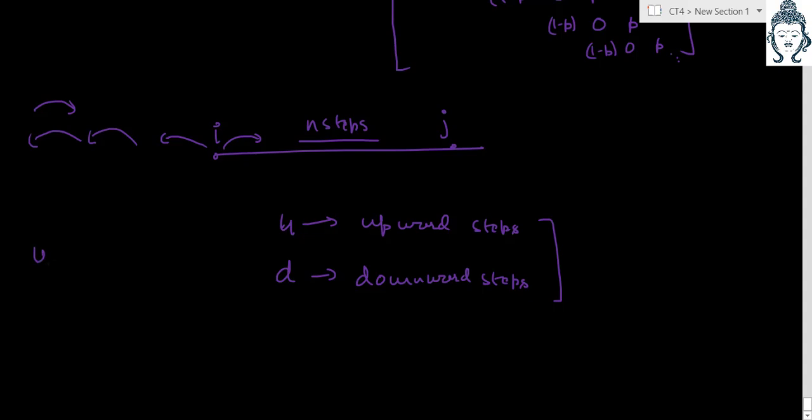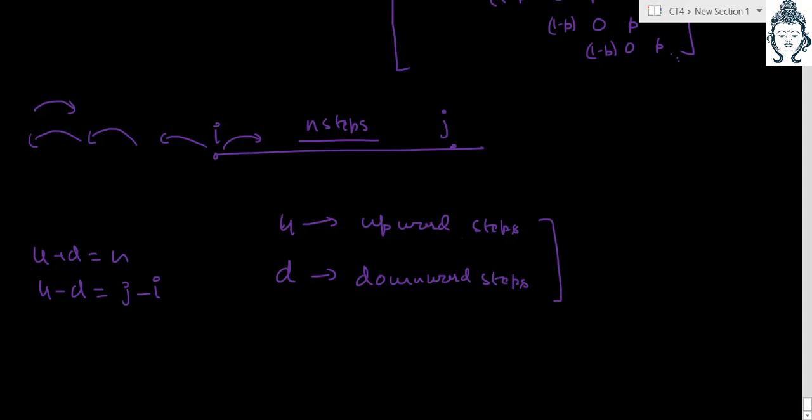So it would be u plus d is equal to n, and the total distance you want to cover would be all the upward movements minus the downward movements. That is, the net distance you have to travel is all the upward movements minus the downward movements. So u minus d is the amount of gap that you will cover, and this will have to be equal to j minus I, the total distance you want to cover.